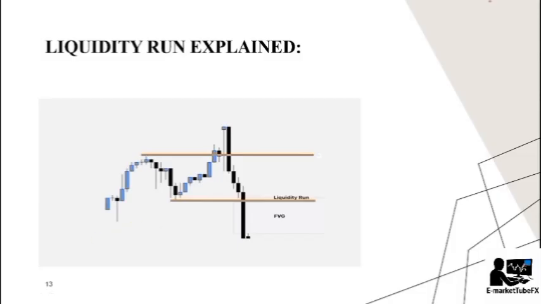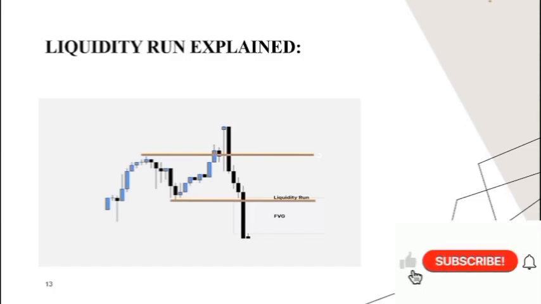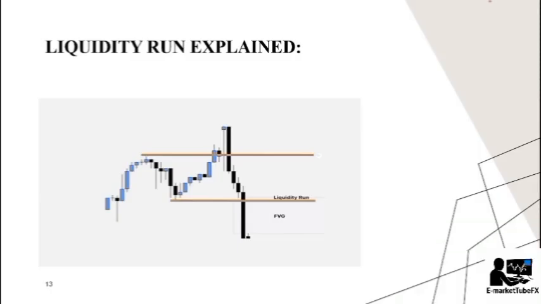If the selling move continues, all stop losses on its way will be cleared. That is why I said earlier that a liquidity run is just like a mad person with a gun. Anybody he finds on his way will be gunned down. So that is a typical example of a liquidity run.